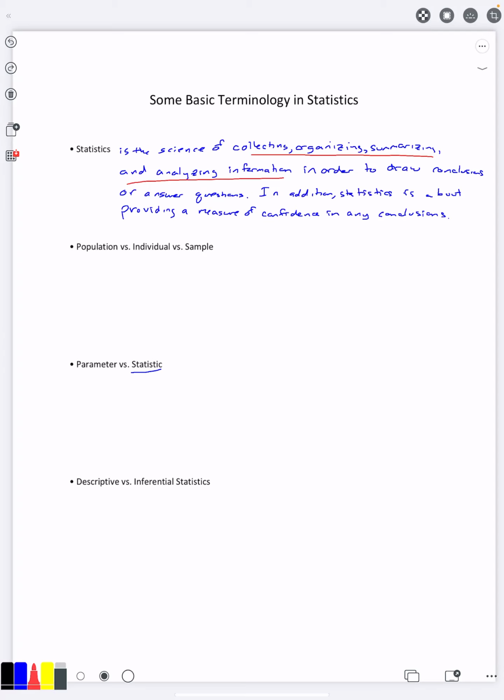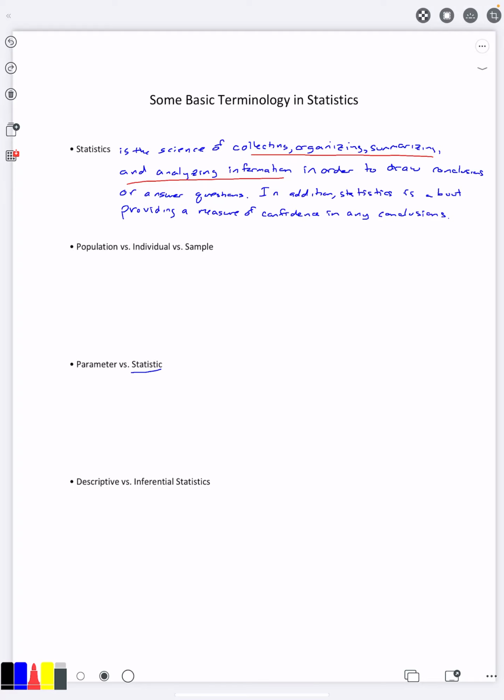And again, there are going to be multiple ways we might organize our data. Usually you're going to have a whole bunch of data and someone doesn't want to look at thousands and thousands or millions or more numbers. That's not going to be very meaningful. So you need some way to summarize the data. And lastly, we'd also need some way to analyze information. What is this information really telling us? That's kind of the first part of the class. We're going to look at all of that there.